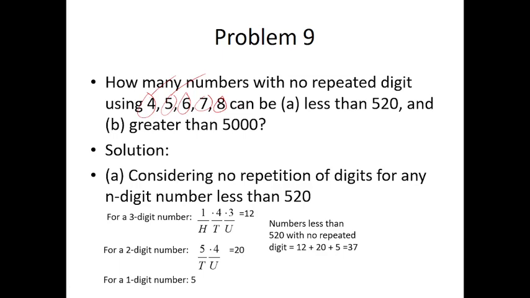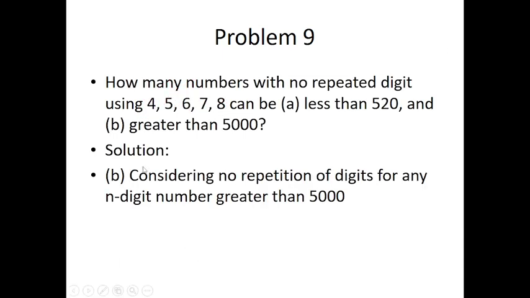How about greater than 5,000? So for a 4-digit number greater than 5,000, hindi na pwede yung 4. Pwede yung 5. Ano pinaka mababang 4-digit number na greater than 5,000?